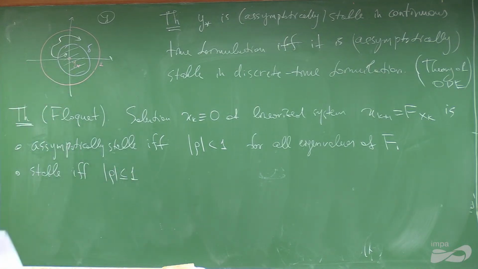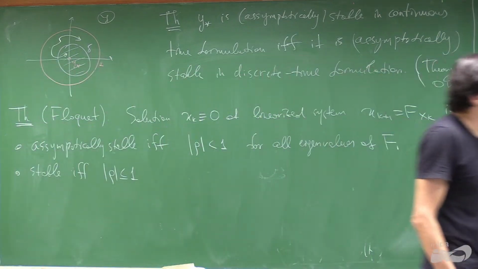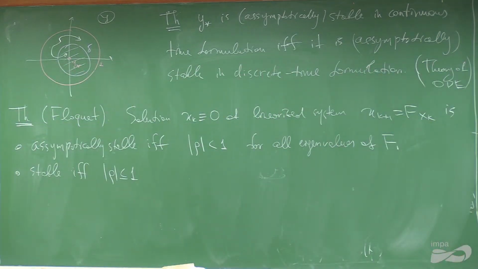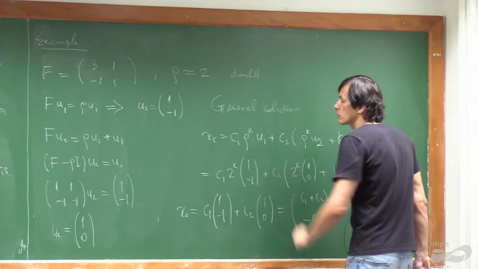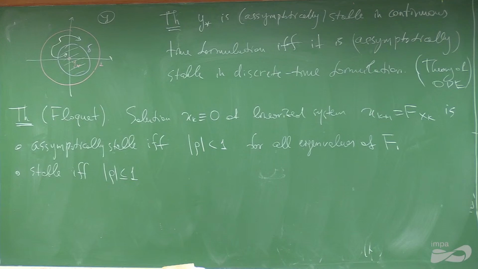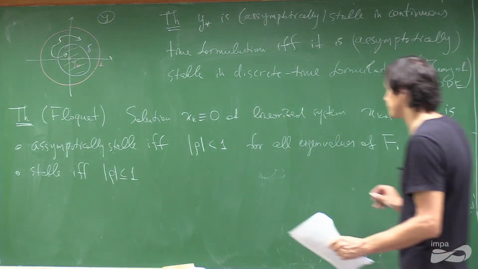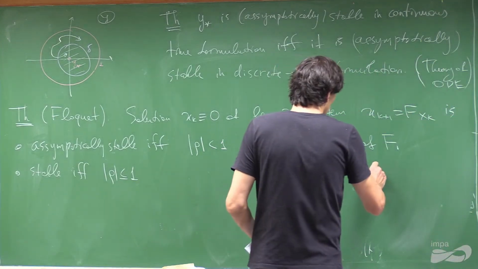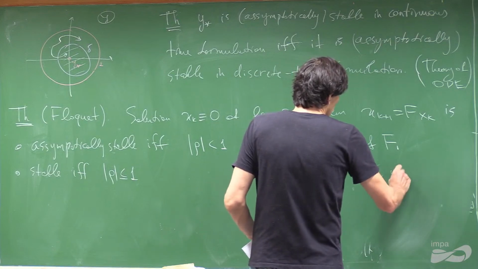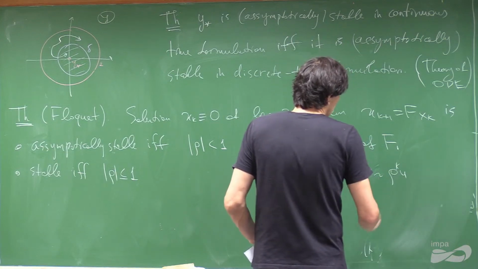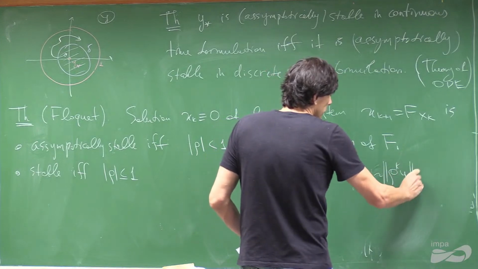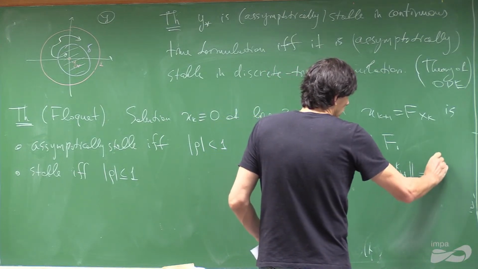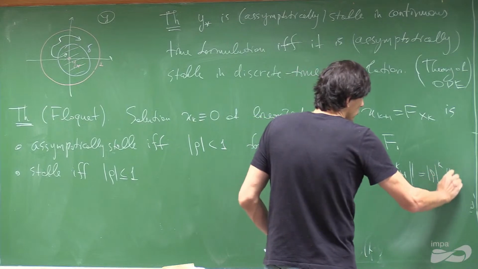So why do you need it? It's rather clear because you have this type of solutions, rho power k. The solution has the form rho power k times u, and if you compute the norm, it's the absolute value of the eigenvalue power k times the norm of u.